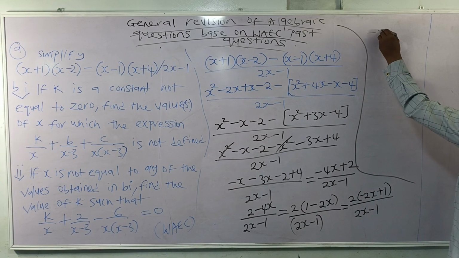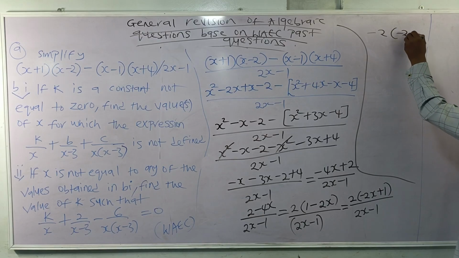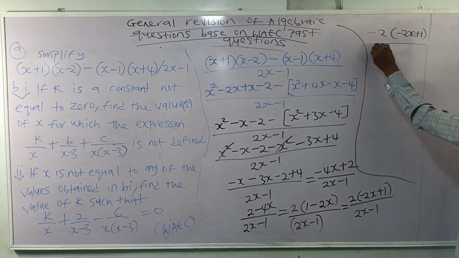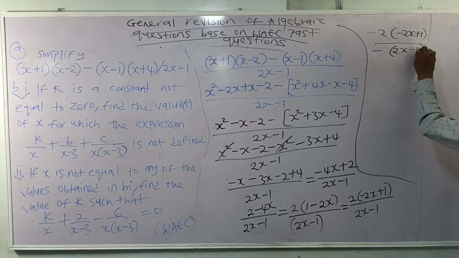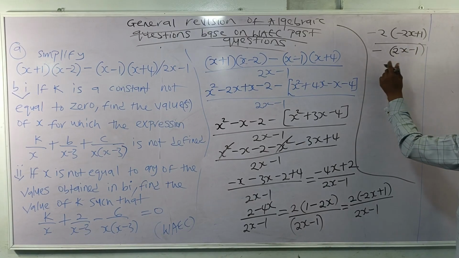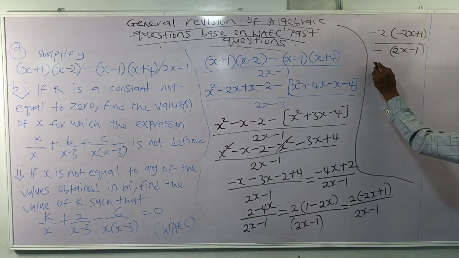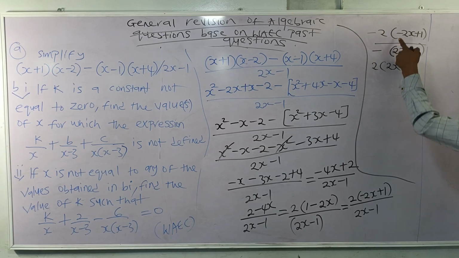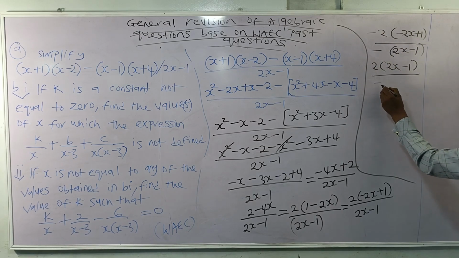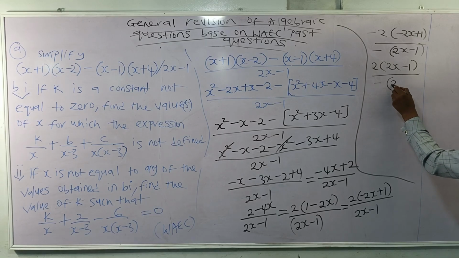I'll have negative 2 bracket negative 2x plus 1 all over negative, in brackets, 2x minus 1. If I use this to multiply this, I will have positive 2 bracket, this to multiply this, positive 2x, and this will give me negative 1 all over negative bracket 2x minus 1.